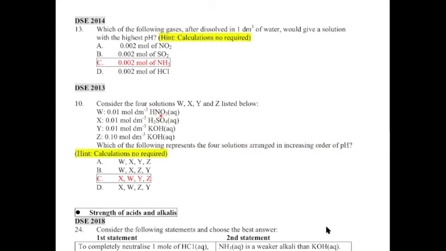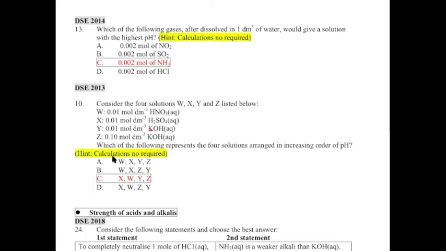They are both strong acids, but sulfuric acid is dibasic, so it will have a higher concentration of hydrogen ions. Hence, it will have a lower pH when compared to W, the nitric acid. So we should start with X and then followed by W. So we should choose from C and D.